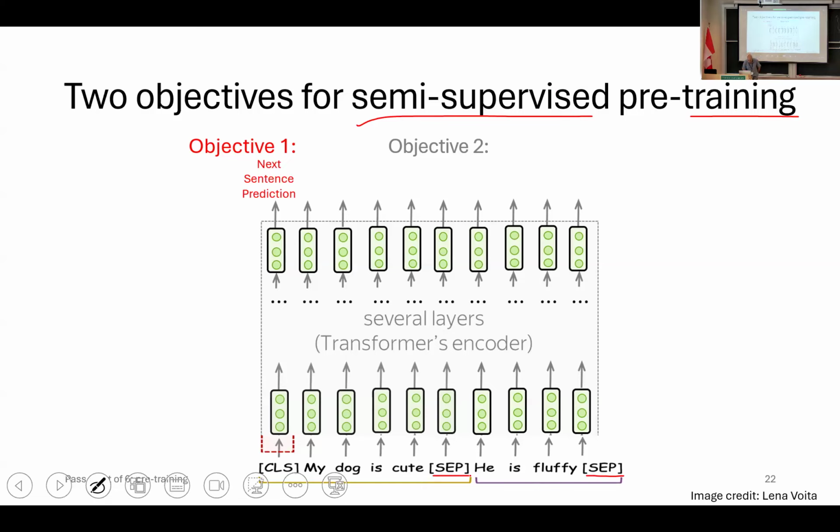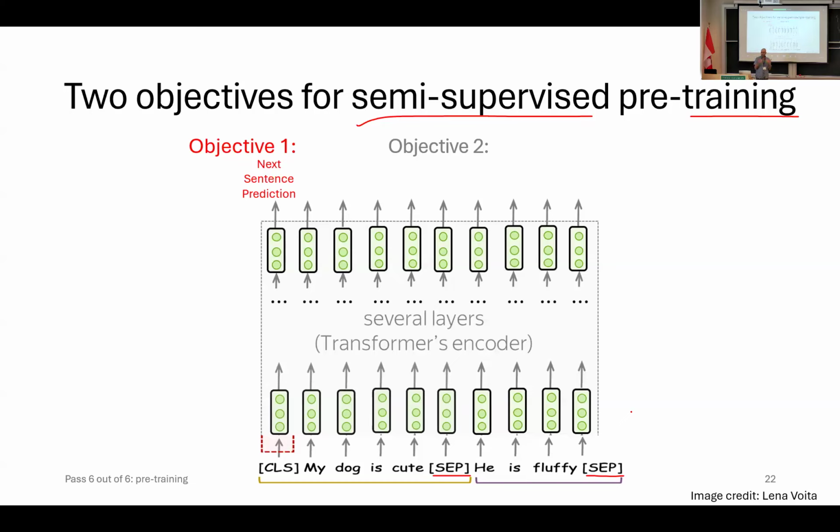So for objective 1, the task is about predicting whether, for a given pair of 2 sentences, the second sentence indeed makes sense to be the sentence coming after the first one. So we have a pair of sentences, A and B. In some of them, they make sense to be one after the other.